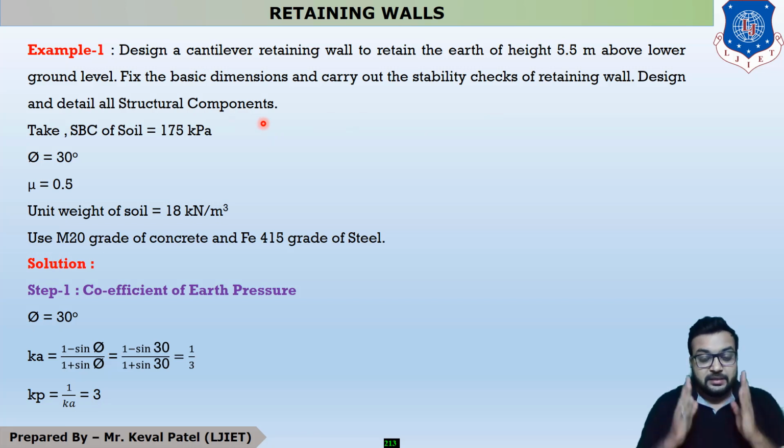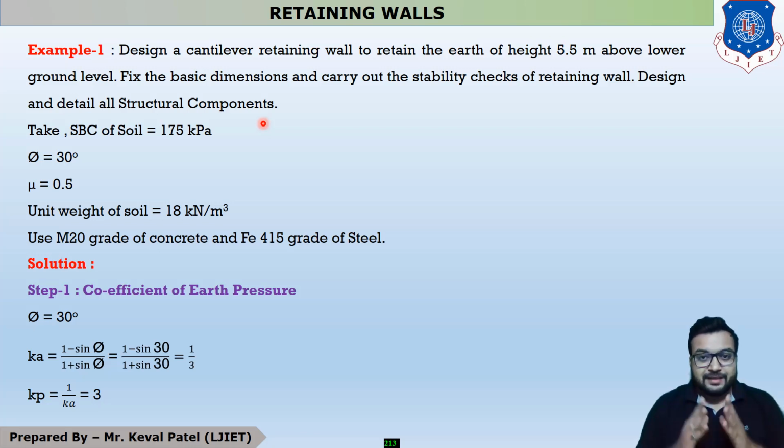It means in this example we have to design all the structural components like stem, heel slab, toe slab and shear key. But in GTU it is not compulsory to ask to design all the structural components.